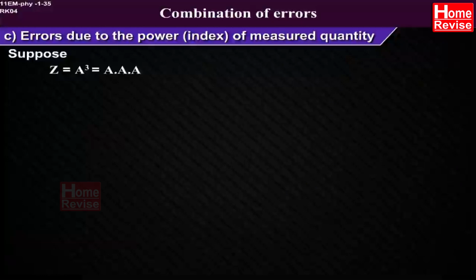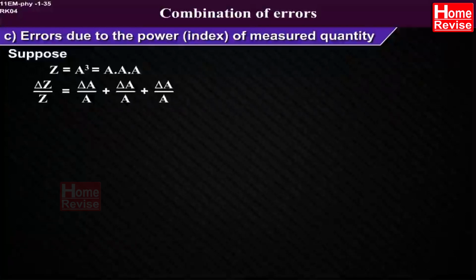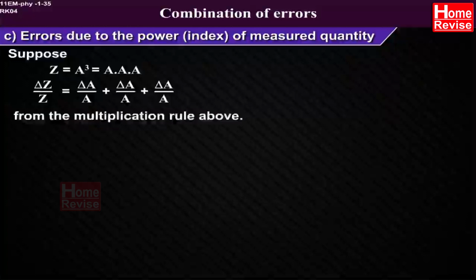C. Errors due to power, index of measured quantity. Suppose Z = A³ = A × A × A. ΔZ/Z = ΔA/A + ΔA/A + ΔA/A, from the multiplication rule above.